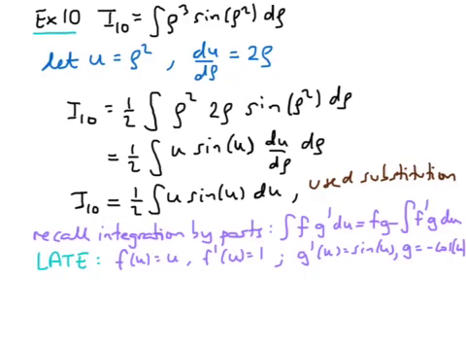We have the formula explicitly here, so this tells us what I10 is. I10 is, there's a factor of a half multiplying everything, so I'll open brackets, and then we're going to have f times g. F is u, g is minus cos u, so u times minus cos u is minus u cos u.